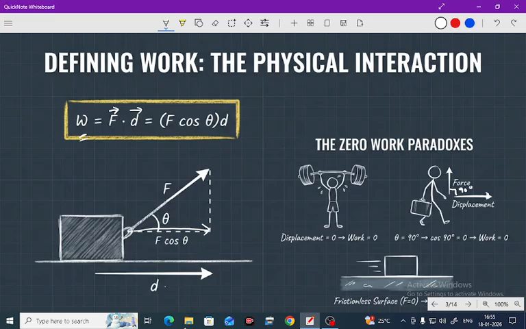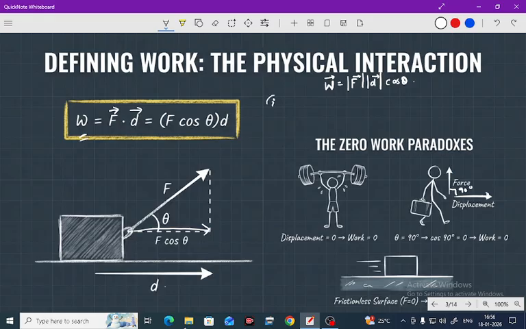There are three cases in which the work done is 0. Why? Because we know that work done is equal to F dot D, that is modulus of F into modulus of D into cos theta. There are three cases in which the work done is 0.